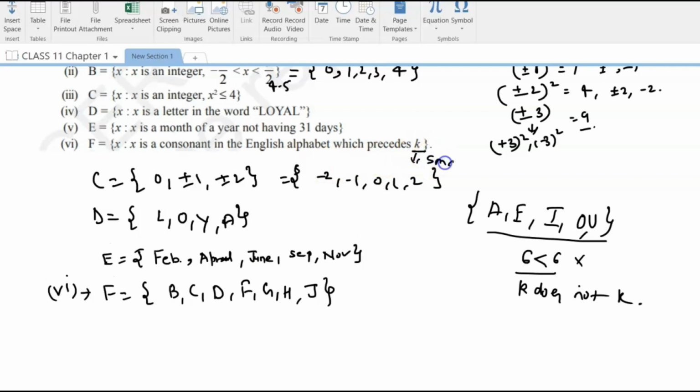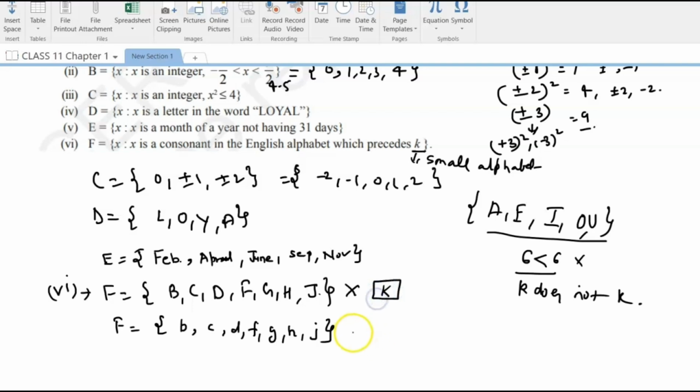It was a small alphabet k. So when we were writing our answer, how should we write it? We should write it like this: b, c, d, f, g, h, and j. We should not write it like this, because they were not talking about capital K, they were talking about a small k. And if I had written this answer directly, you may not have thought about that. So that's why I did it.